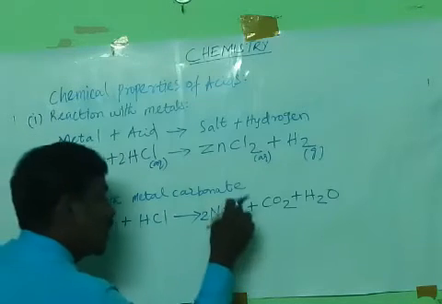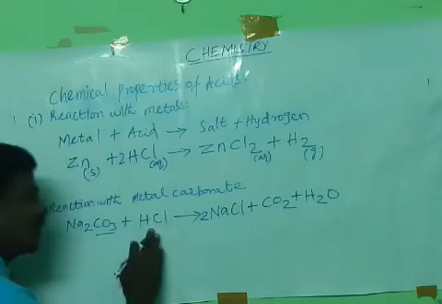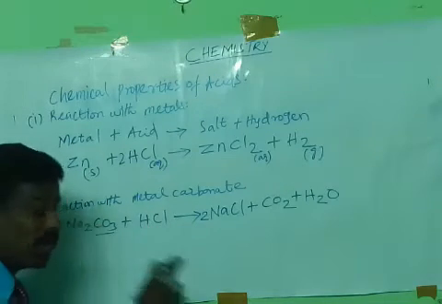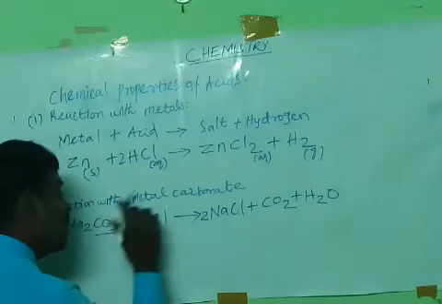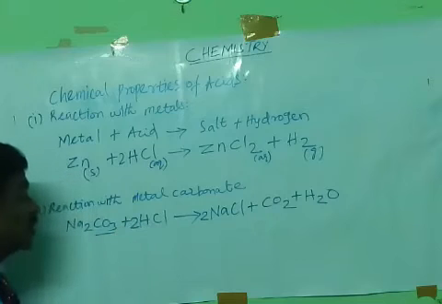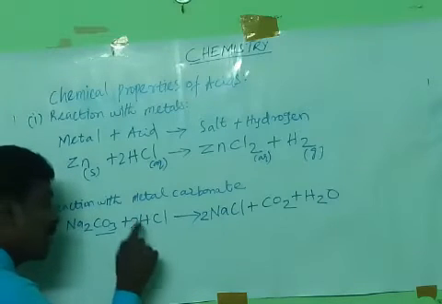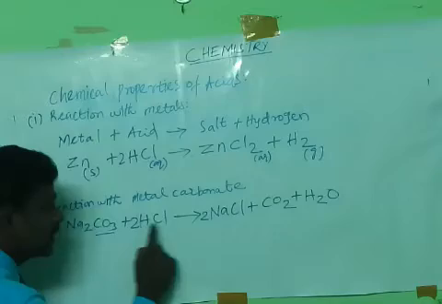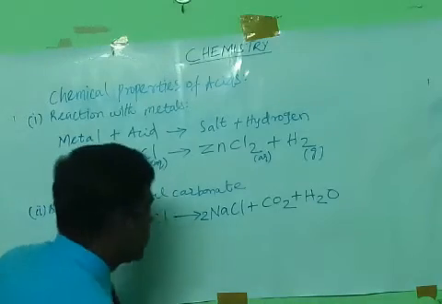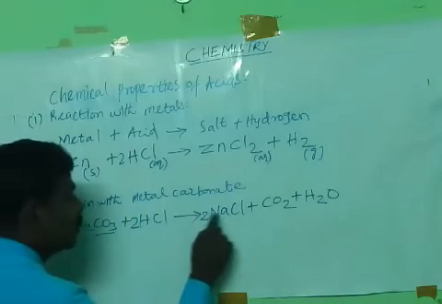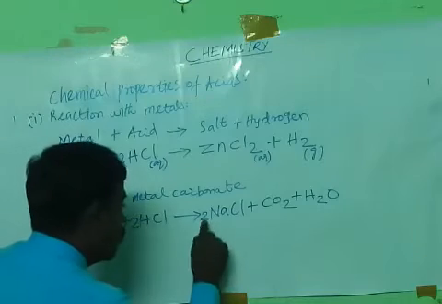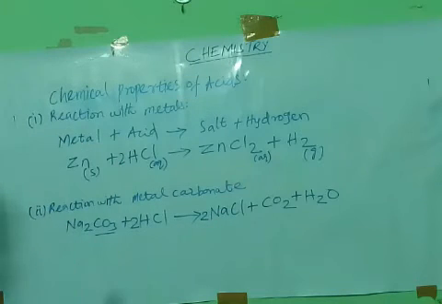So now there are 2 chlorine atoms, but on the left hand side we have only 1 chlorine atom. So when we add one more 2 here, now you see this 2 is common for hydrogen and chlorine. So 2 hydrogen balanced, 2 chlorine balanced, 2 sodium balanced.